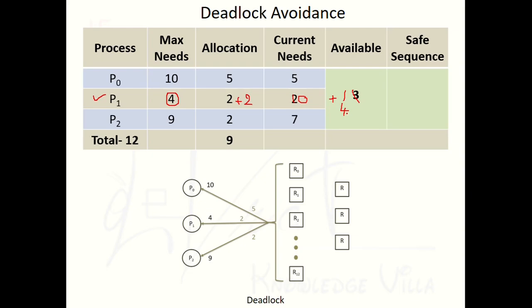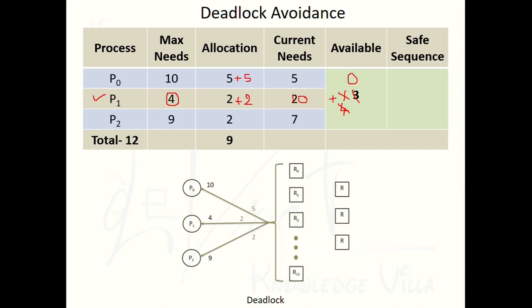So can we allocate these 5 resources to process P0? Yeah, definitely. So we are allocating these 5 resources to process P0. We have allocated a total of 5 resources. So does any remain?